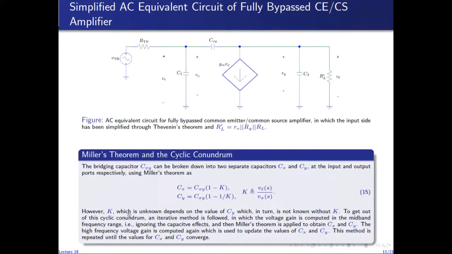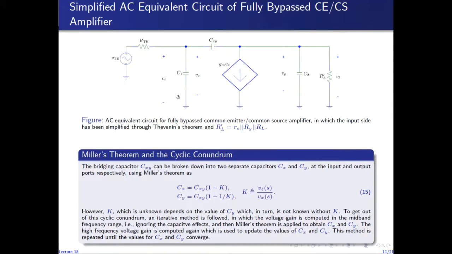So in order to get out of this situation, we use an iterative method in which the voltage gain of the circuit is first obtained in the mid-band frequency range, that is, excluding the effects of all the capacitors. So ignoring all the capacitors, we find the voltage gain VL over VI. And then using that voltage gain, we plug the capacitors back in and we break this bridging capacitance into CX and CY using these expressions from Miller's theorem.